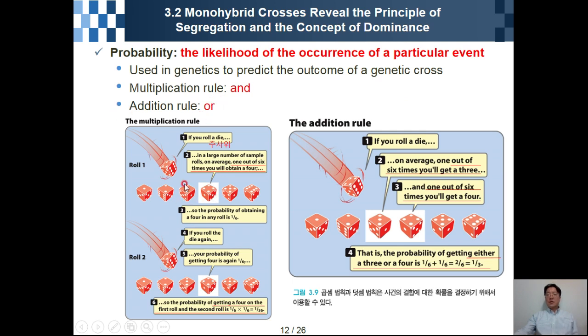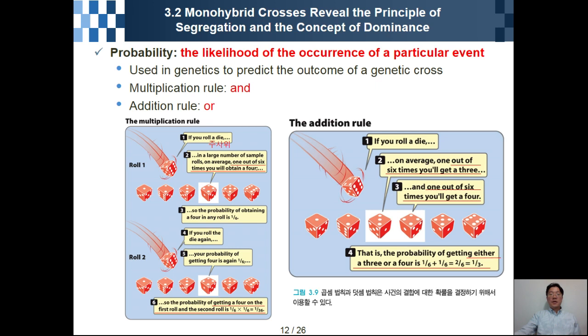Okay. You have a die, 주사위, like this. If you roll a die, what is the probability you will obtain a 4? The probability will be 1 out of 6.